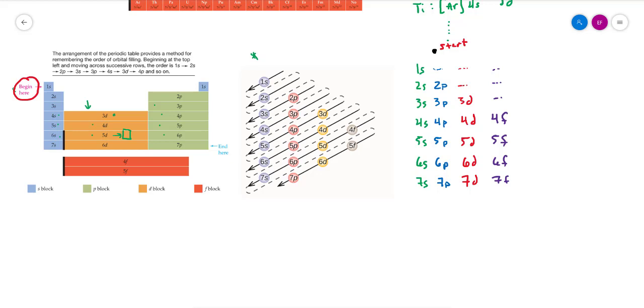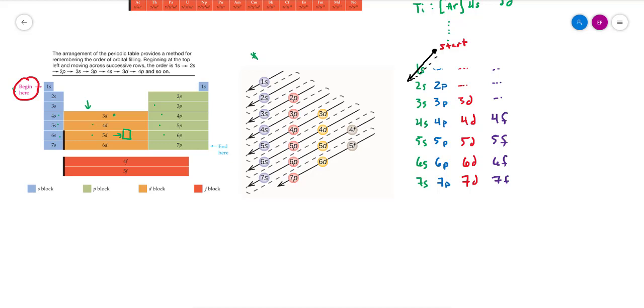It's where you start. And then we're going to draw a line through in a diagonal way the first orbital that you're going to fill electrons into. And then when you get through the last orbital here on the left column, then you'll start over at the next side.